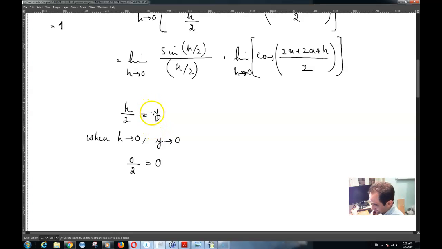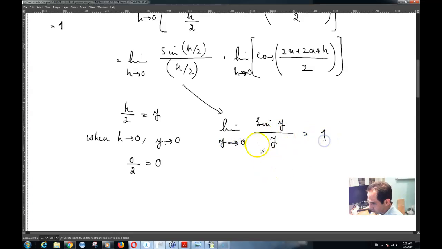So when h tends to 0, y tends to 0. I can rewrite this limit as the limit of sine y divided by y, because h divided by 2 is equal to y, when y tends to 0, and this is equal to 1. So this limit is equal to 1.